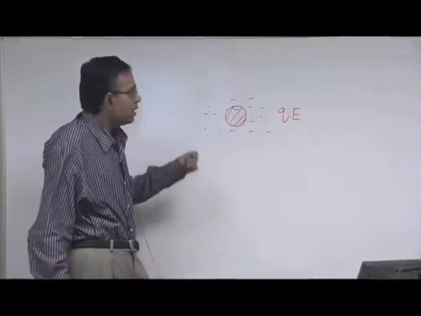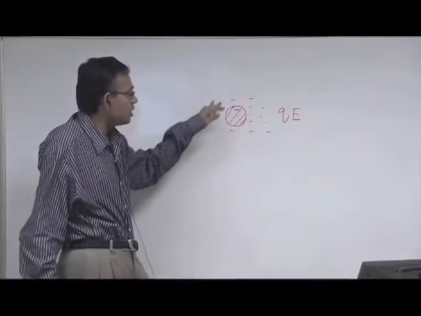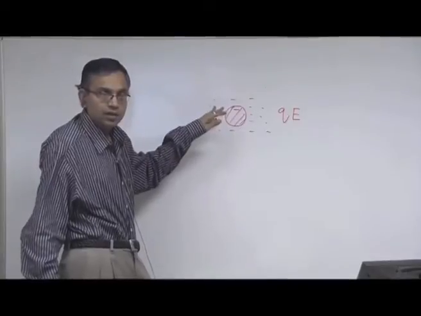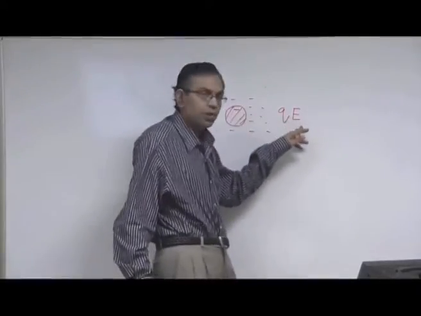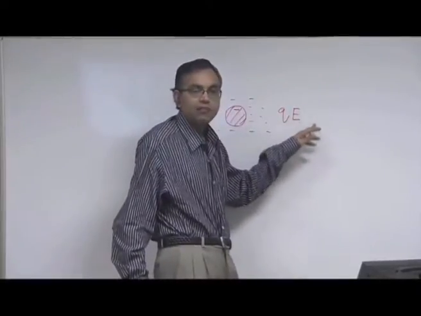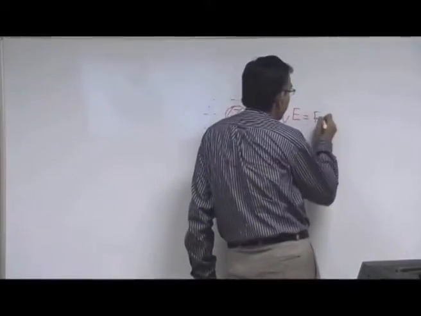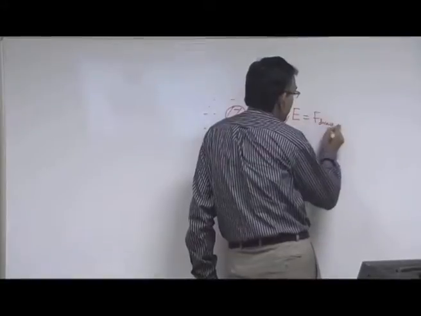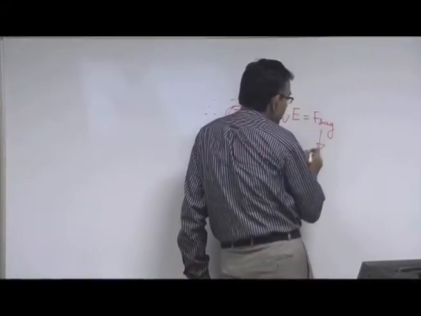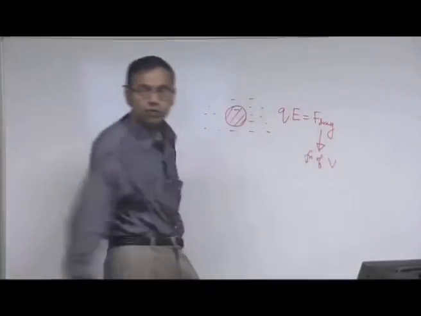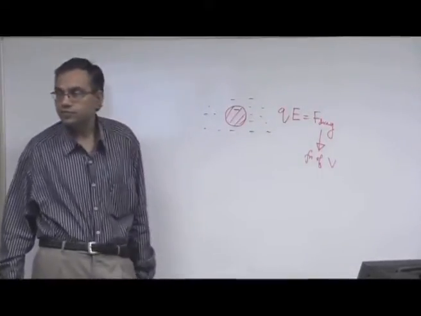Now, if the charged species is not accelerating, then this driving force should be balanced by the viscous drag force. This must be equal to F drag, and this drag force is a function of the relative velocity between the fluid and the charged species.